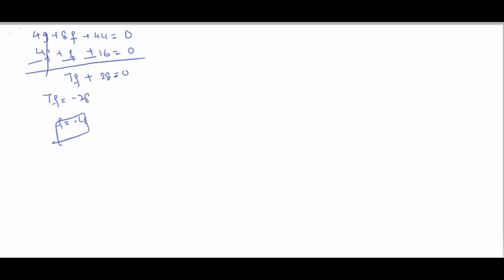So substituting this value in the second equation, 4g plus f plus 16 is equal to 0. So 4g plus f value, minus 4, plus 16 is equal to 0. 4g plus 12 is equal to 0. Therefore g is equal to minus 3.